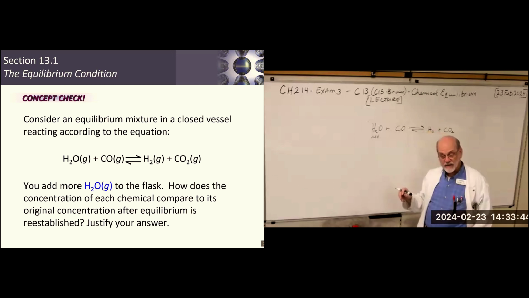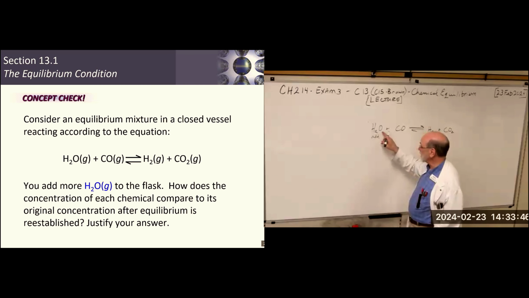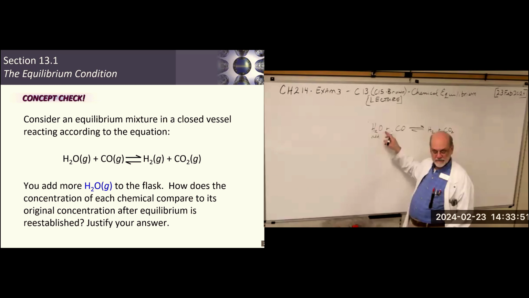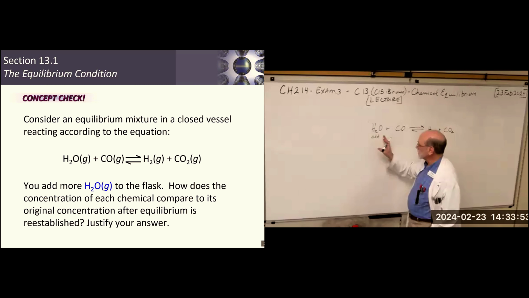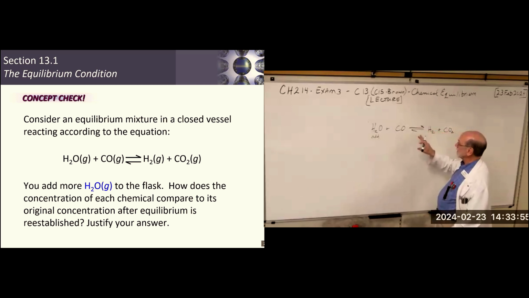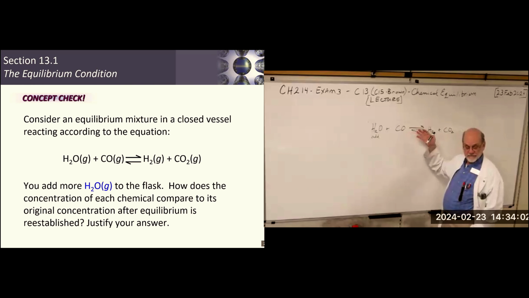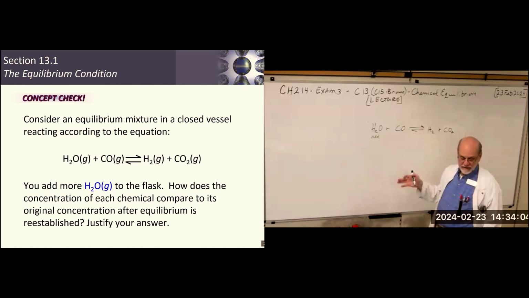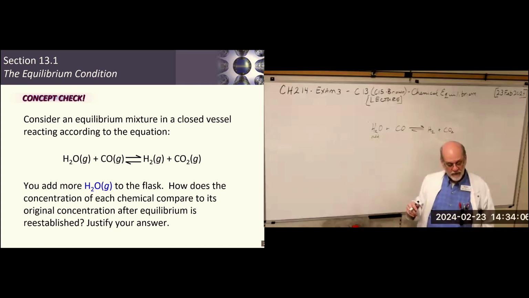Well, based upon our kinetics, if you increase the concentration of one of the reactants, the rate's going to increase, correct? Yeah. So the rate's going to increase, though, until we produce enough of these that the reverse reaction rate equals it. And they meet again. And you reestablish equilibrium.